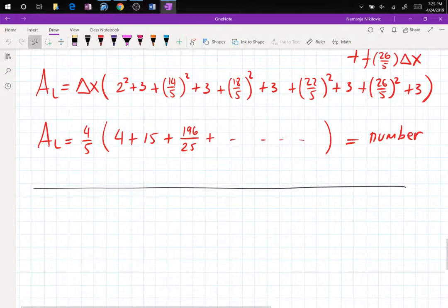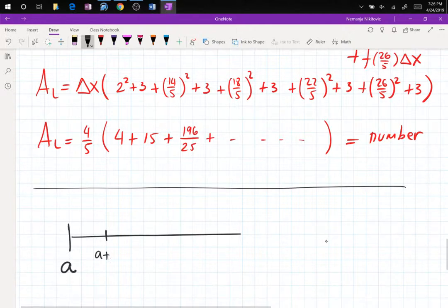And that is the fact that your partitioning starts from A. Now, that A sometimes is 0. Last time we had it at 2, right? Could be any number. So, could be negative. So, A is the value on the x-axis where your partition is starting. And then you have the next value, and that next value is A plus delta x, because there is a delta x difference between the two.